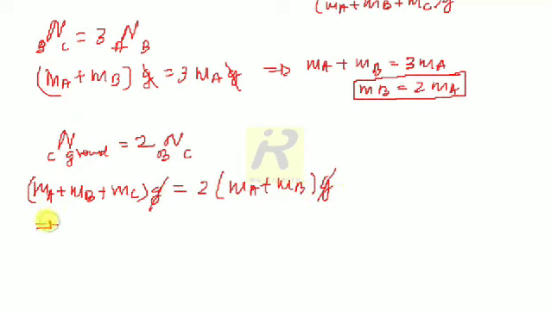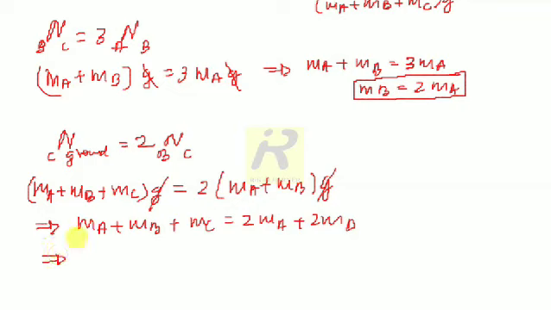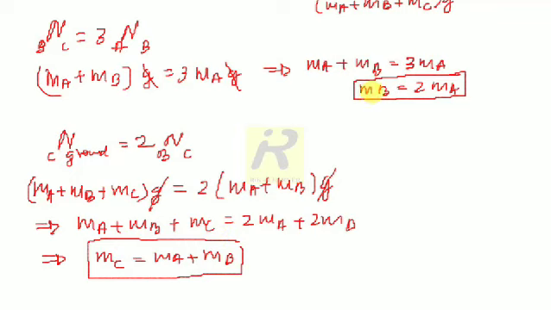So further what I get is the sum of all masses, MA plus MB plus MC, which is equal to 2 times MA plus 2 times MB. So when I bring MA and MB to the right hand side, I get MC is equal to simply the sum of MA and MB. So this is my second condition. Be careful, MB must be 2 times MA and MC is the sum of MA plus MB.